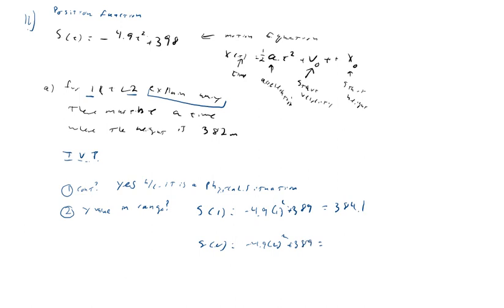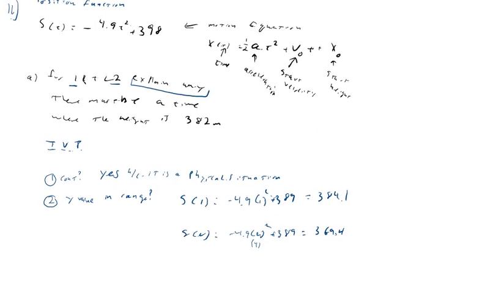Plug in number 2, again my low, this is going to be 4 times negative 4.9, so 389 minus 4.9 times 4, which is 369.4. So I've got my high and my low. Is what I want between these numbers, 382? Well, yeah, 382 is between them, so we're good.